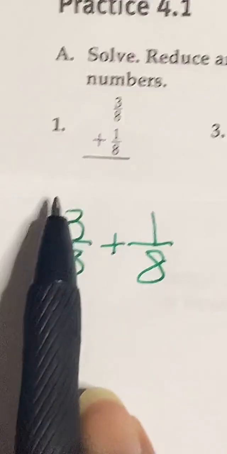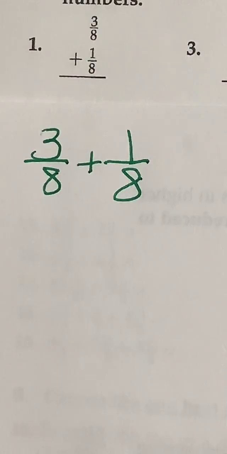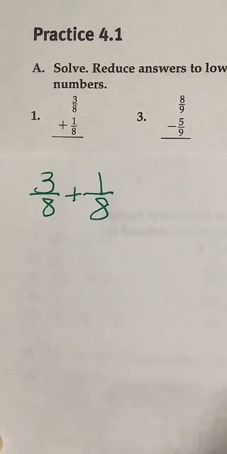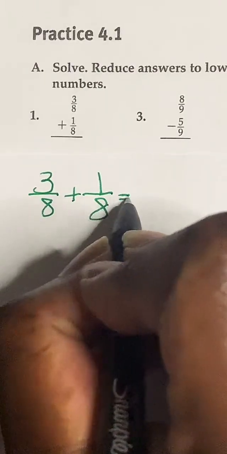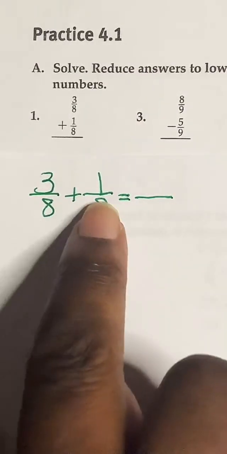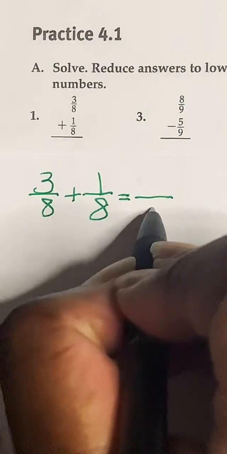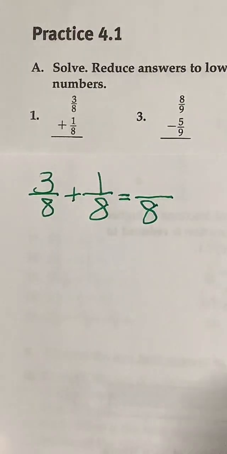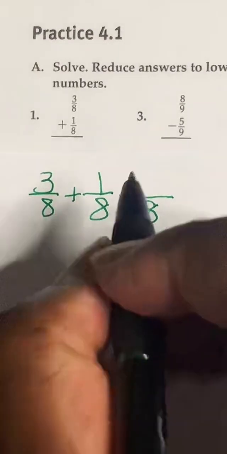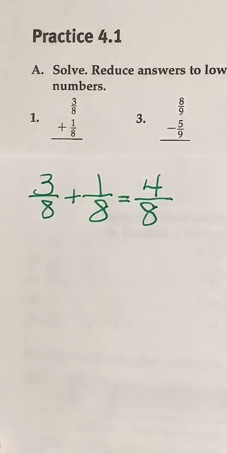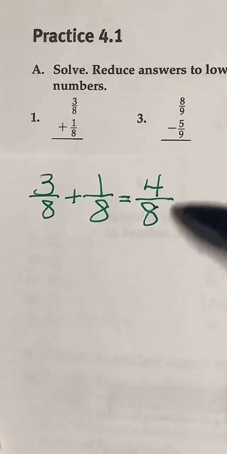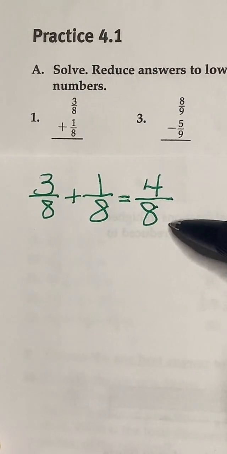Our denominators are the same. So since our denominator is the same, all we have to do is focus on the operation for the numerator. So we're going to keep this denominator of 8. We're going to add 3 plus 1, which gives me 4. Now, 4/8. 4/8 can be reduced to what?